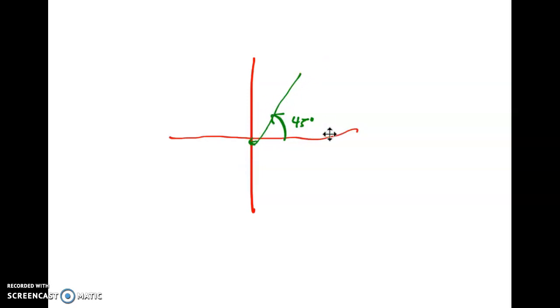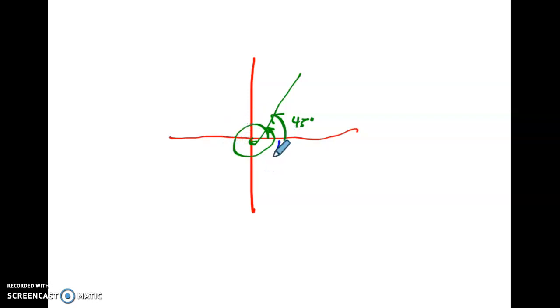So it's going to start at the x-axis and it's going to end at this terminal arm. In order to do that and be a different angle, it's going to do a full loop around, so a full 360 plus that extra 45. That's a coterminal angle. It could go around twice and then go to that. So it would be two 360s plus the 45.